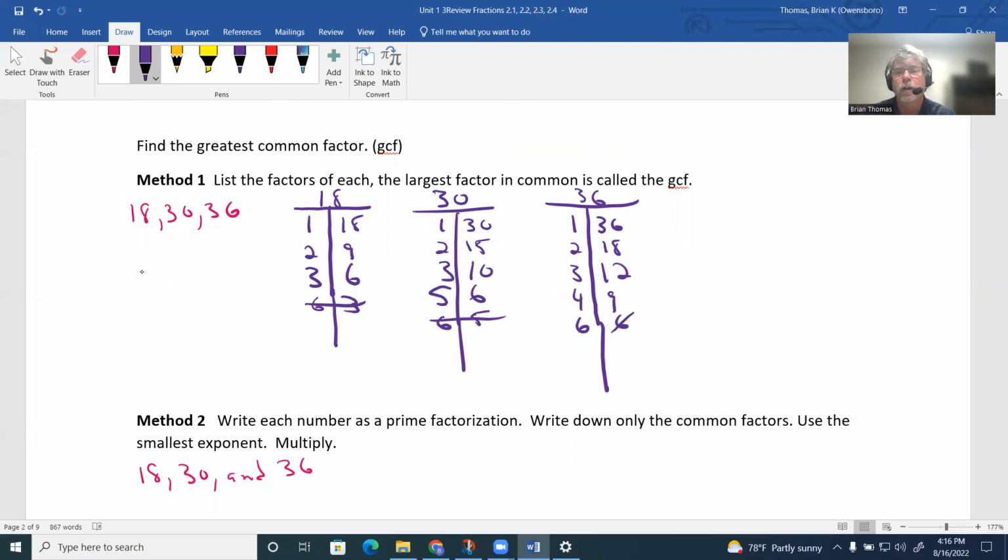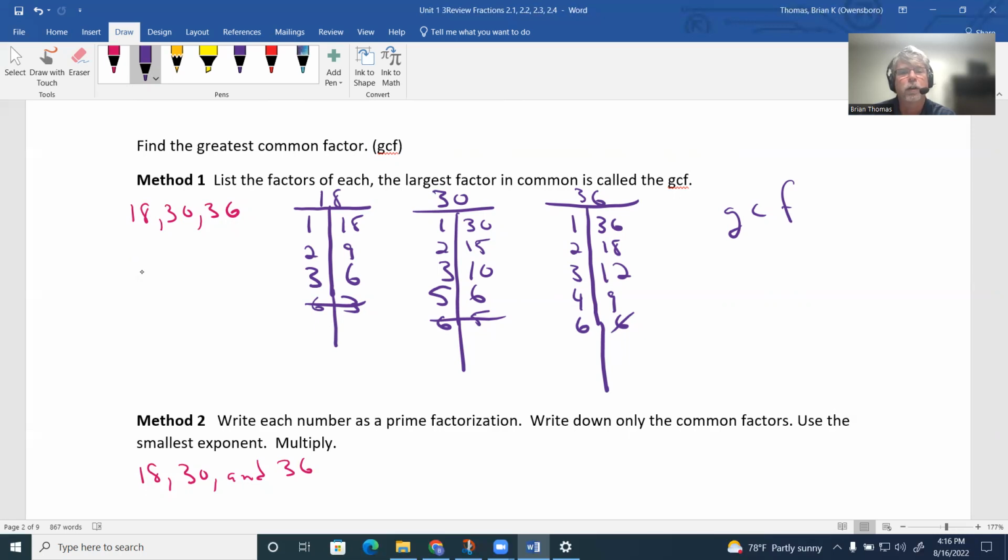So my greatest common factor would be the largest factor in common. Well, 1's in common, but is it the largest? 2's in common, 3's in common, 6 is not in common. So we're still at 3. 9, not seeing a 9. 18, I'm not seeing 18 in common.